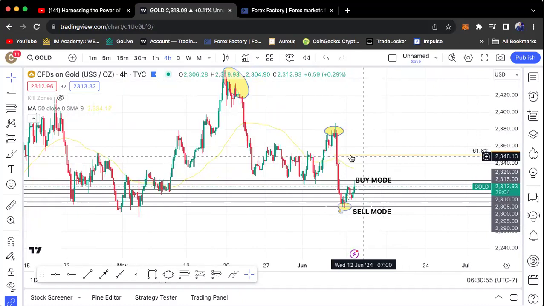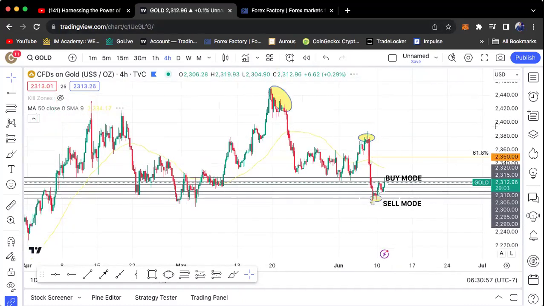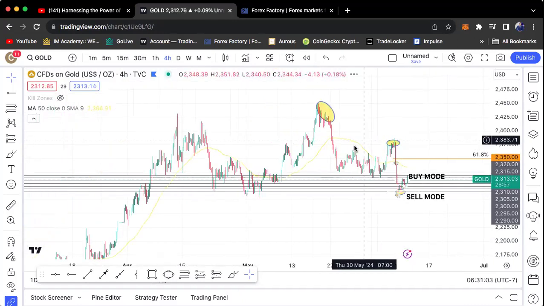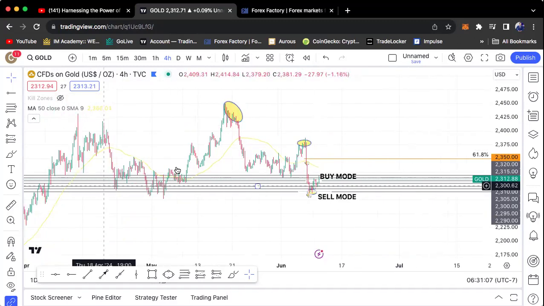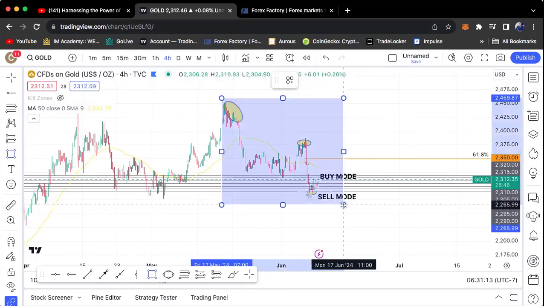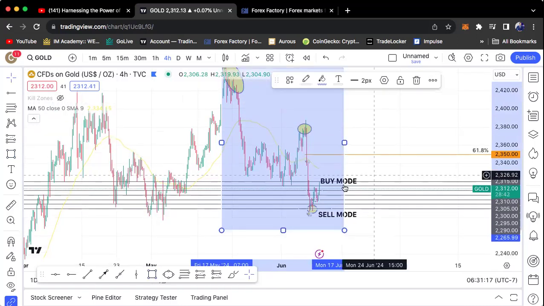Potentially. Right now, I'm seeing a downtrend because when you look at the 4 hour, I'm only focusing on this section here. I don't care what happened back here. I'm focusing on where price is currently at.